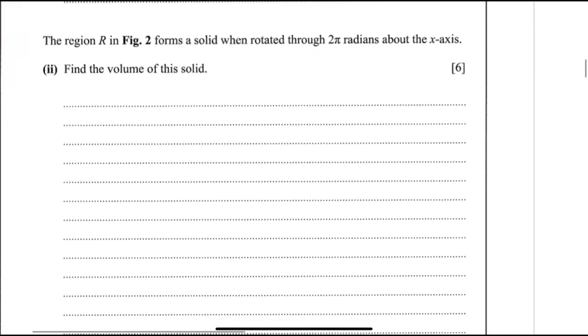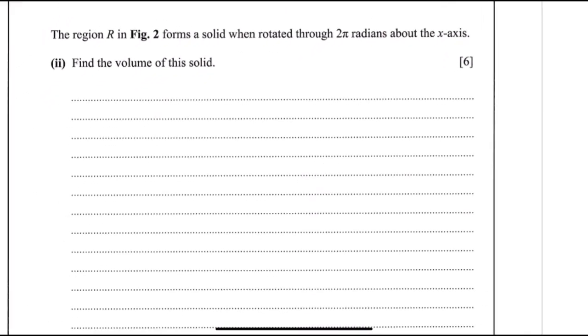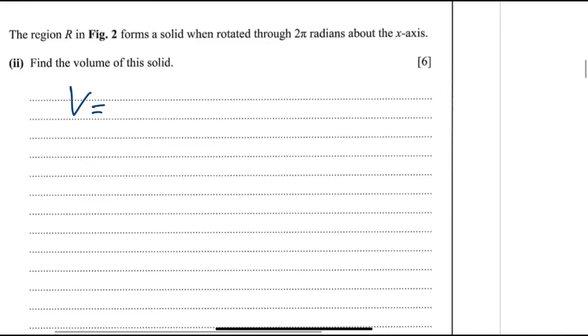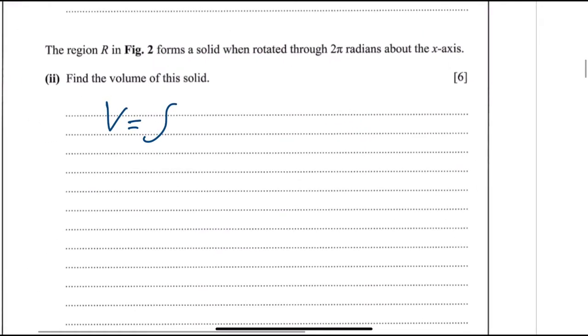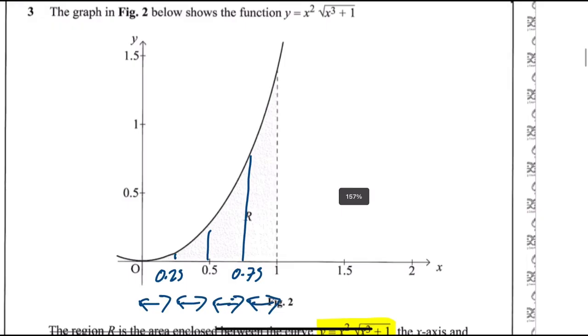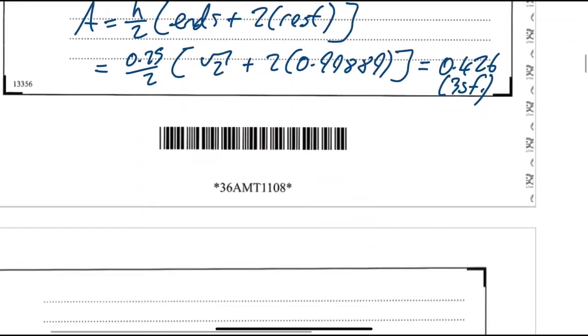Okay, next one says find the volume of a solid. Now your formula for finding the volume of revolution, so it says this thing is rotated through 2 pi, so it's pi times the integral from a to b, they're the x values, of y squared dx. So in this case, that's going to be pi times the integral between 0 and 1.